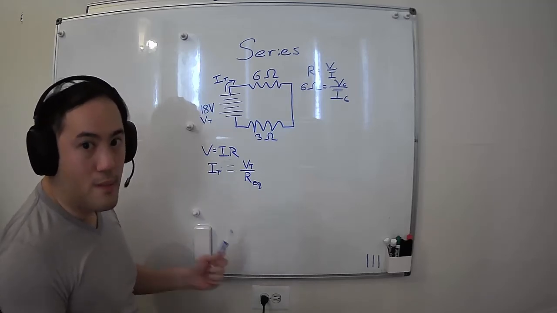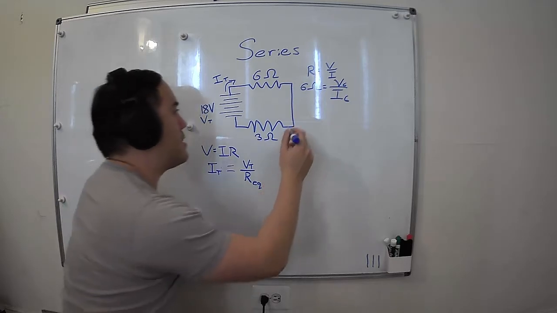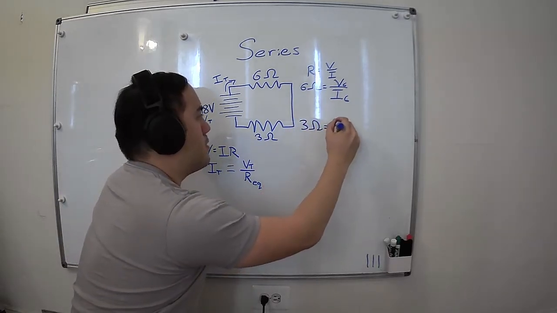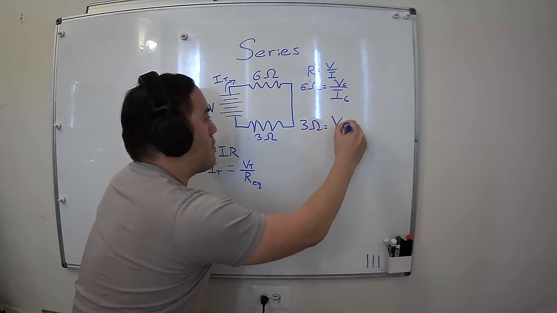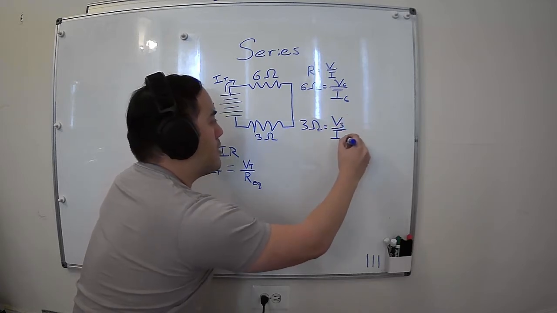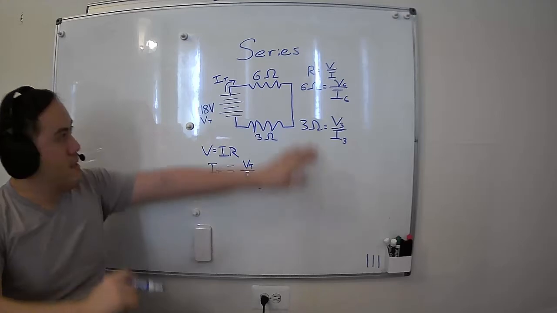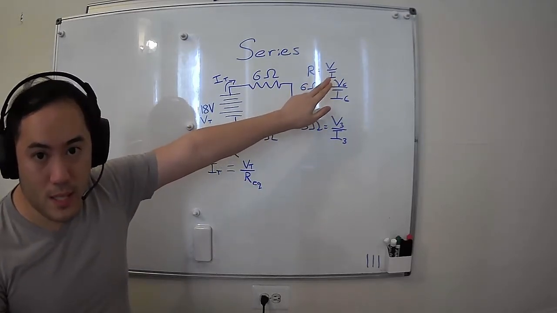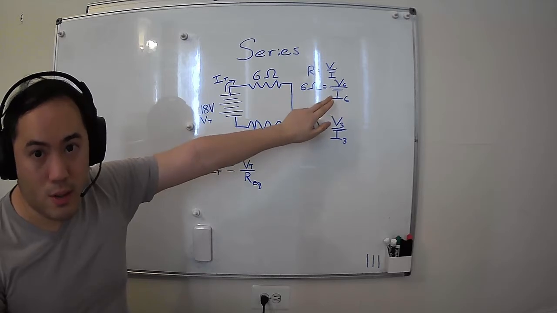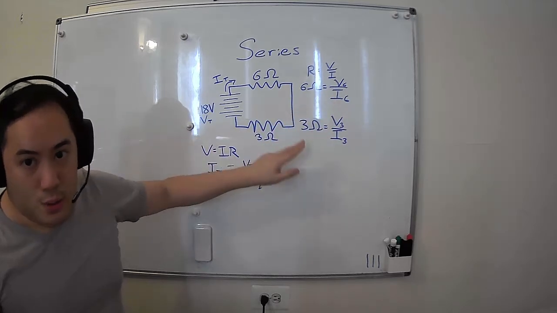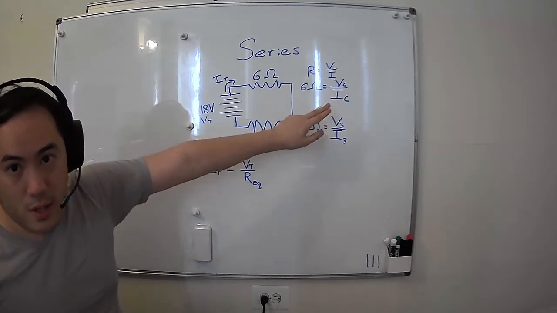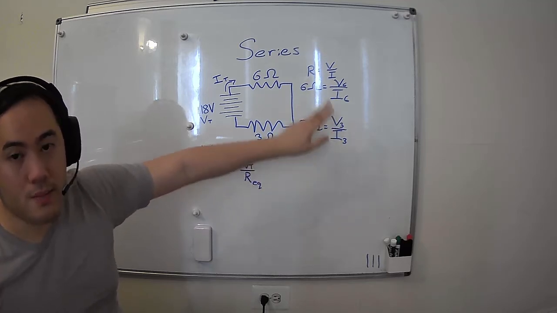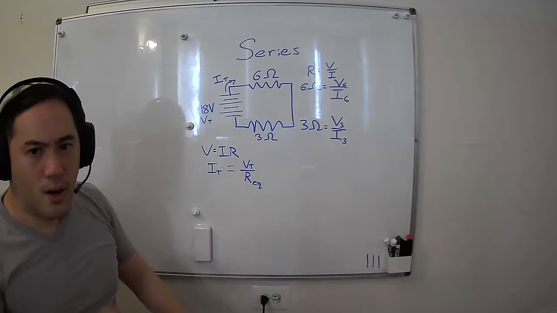Maybe they're all equal, but for now, let's just write out their formulas. 6 ohms is the voltage across the 6 ohm resistor over the current through the 6 ohm resistor. 3 ohms is V3 over I3, the voltage over the 3 ohm resistor over the current through the 3 ohm resistor. All these things are true.